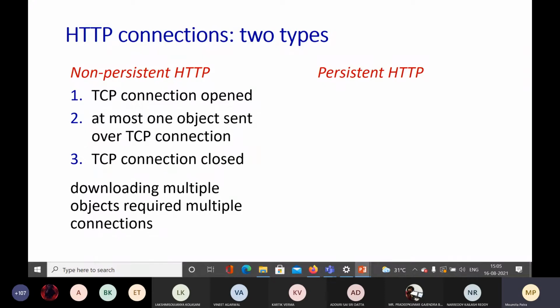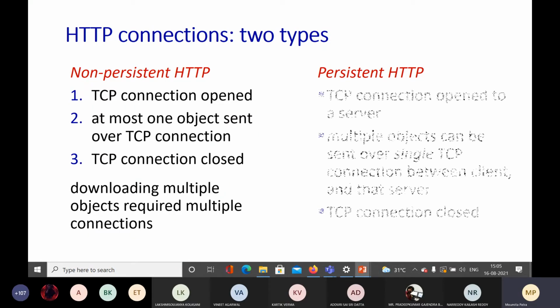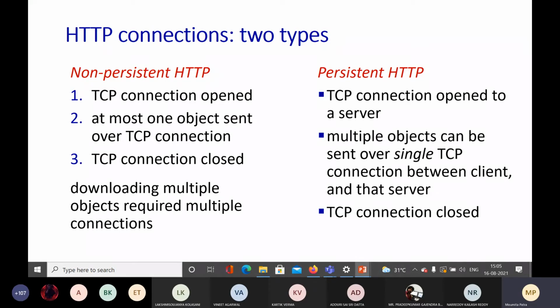The persistent HTTP is just the opposite of it. That means the connection will be closed after everything related to the particular request is transferred from the server to the sender.